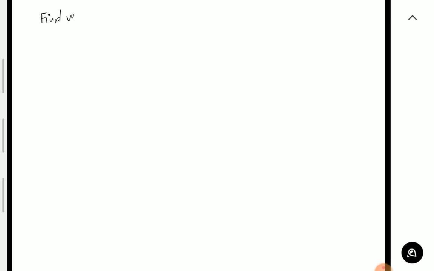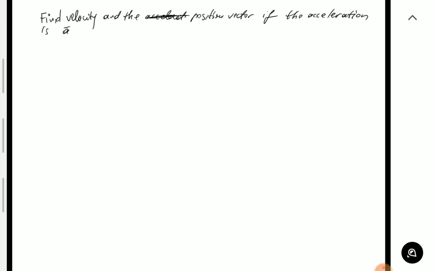So find the velocity and the position vector if the acceleration of that mobile is a bar of t equals, let's do a 3D example, 2i plus 6tj plus 12t squared k.